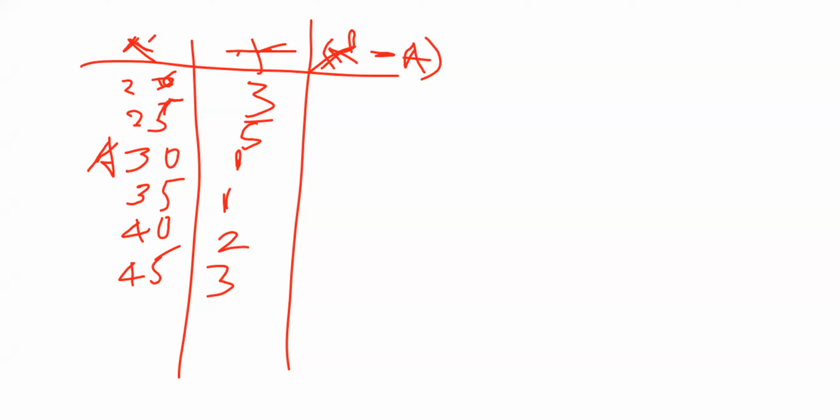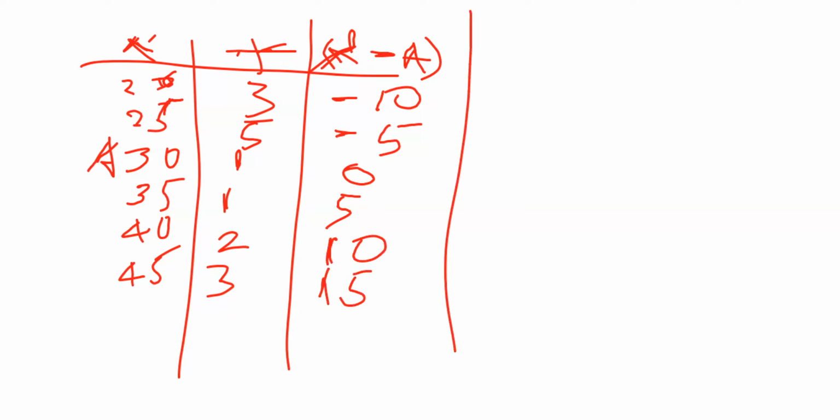So 20 minus 30 is minus 10. 25 minus 30 is minus 5. 30 minus 30 is 0. 35 minus 30 is 5. 40 minus 30 is 10. Then 45 minus 30 is what? 15.